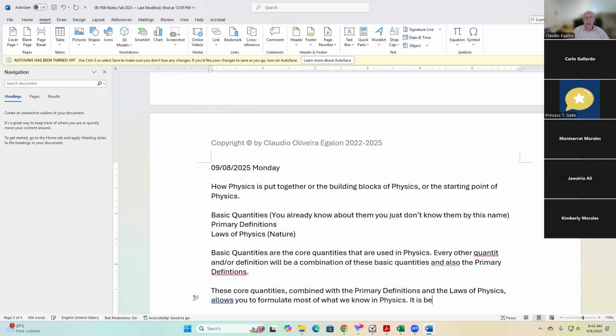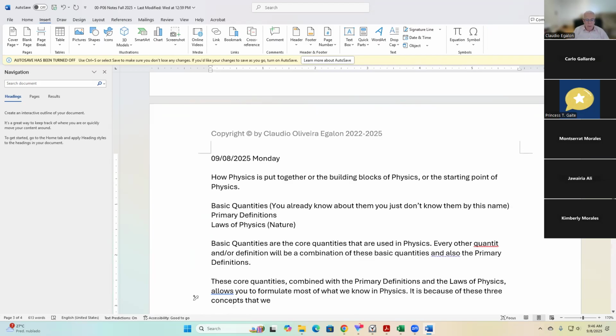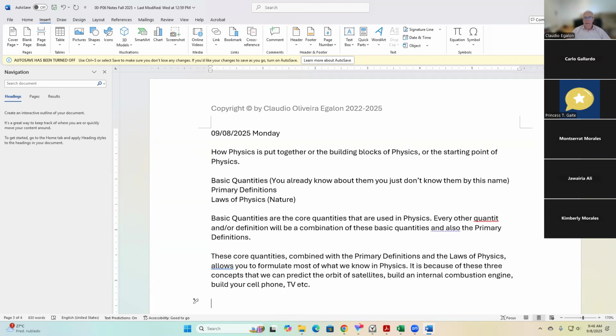It is because of these three concepts that we can predict the orbit of satellites, build an internal combustion engine, build your cell phone, TV, etc. It starts right in here.